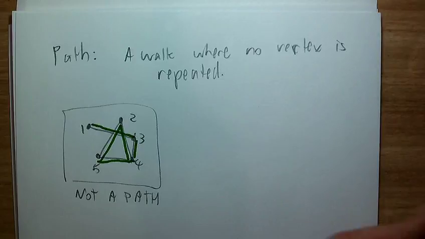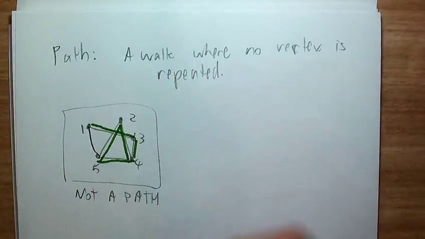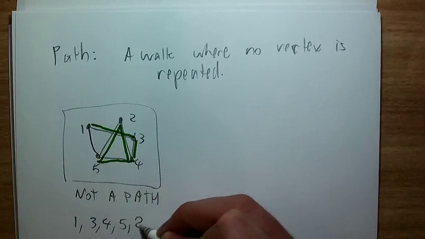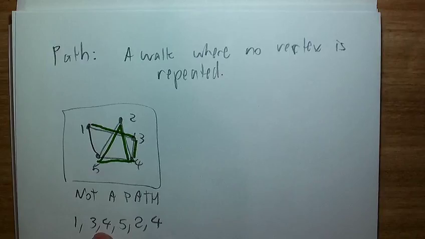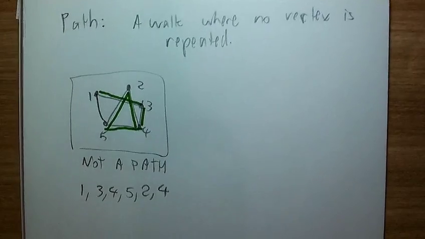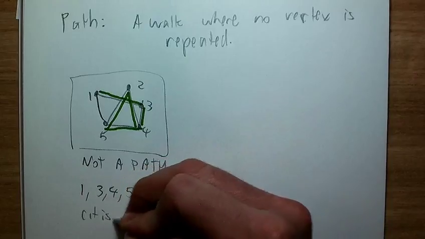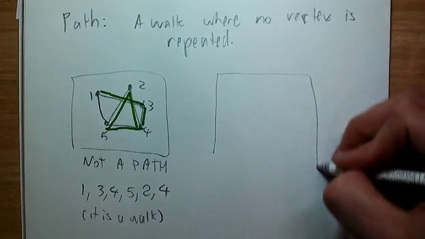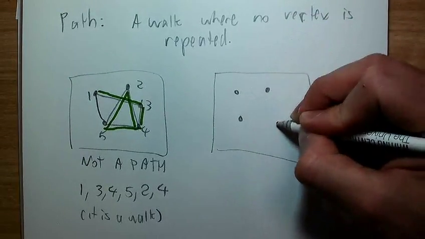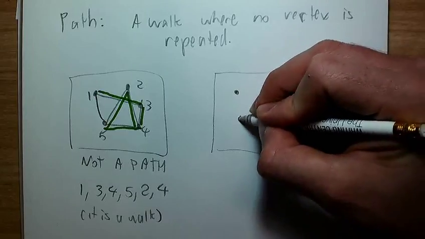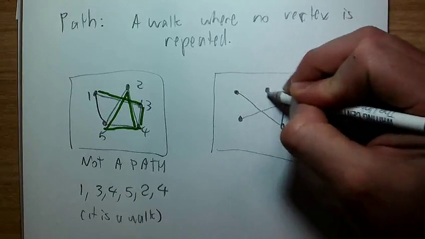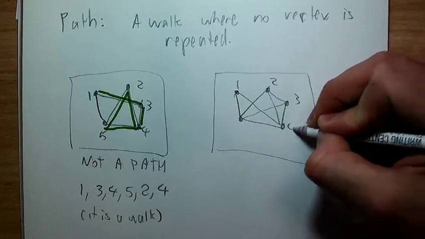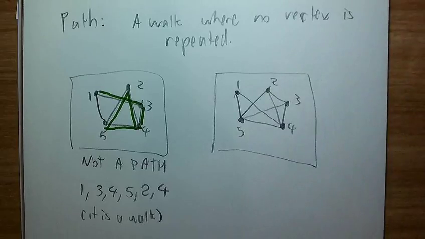I've actually traced the whole thing, but let's put an extra one in so that it doesn't look so bad. 1, 3, 4, 5, 2, 4. That's not a path because I've done 4 twice, but it is a walk. But this is a path.